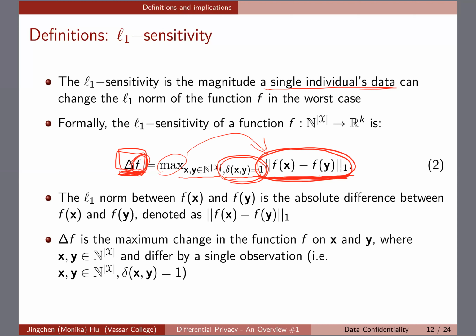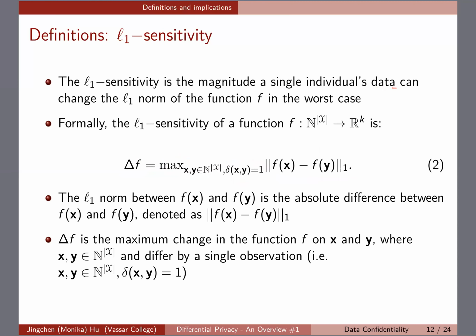We use this notation, and like we were saying earlier, if you have a different query, then delta f will be different. That's why the L1 sensitivity highly depends on the query that you're making.